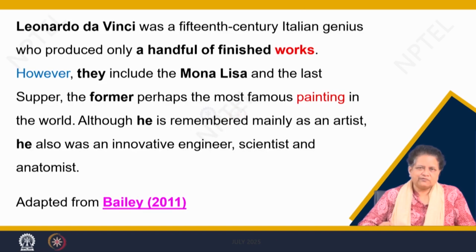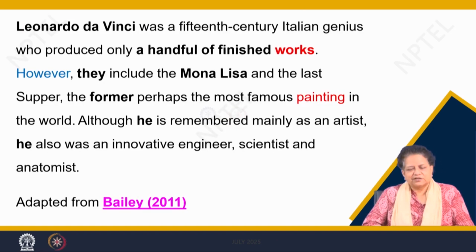Now, we write these points in the form of a paragraph. Leonardo da Vinci was a 15th century Italian genius who produced only a handful of finished works. However, they included the Mona Lisa and the Last Supper. The former, perhaps the most famous painting in the world.